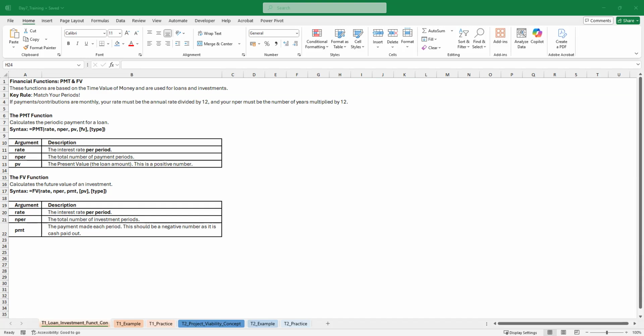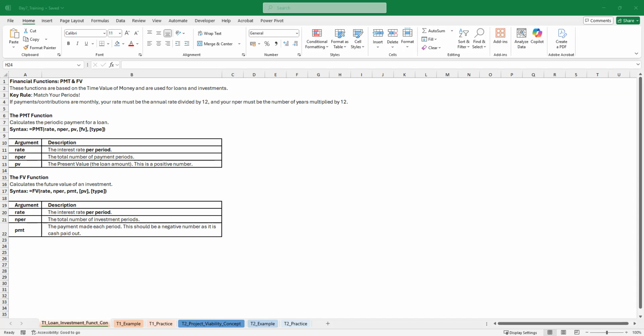Okay. Then there is NPER, which is the total number of periods. For example, if you are making monthly payments for 5 years, how many periods will it be? 60 months, right? 60 months, because we are making monthly payments for a period of 5 years.